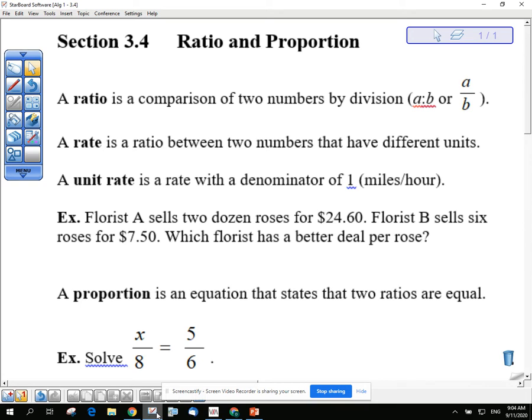Then we have another definition, a rate. A rate is a ratio between two numbers that have different units. Now, in reality, I think of rate and ratio as being different things, whereas these two definitions say that a rate is a certain type of ratio where they have different units. So think of something like feet per second, or pizzas per day if you work at a restaurant. Those are rates.